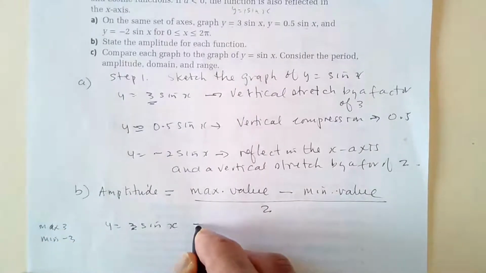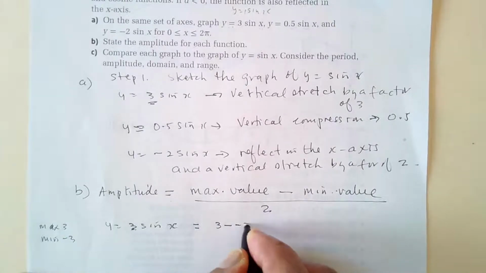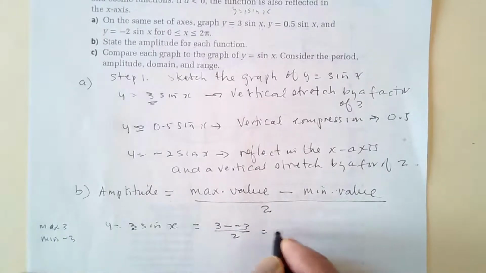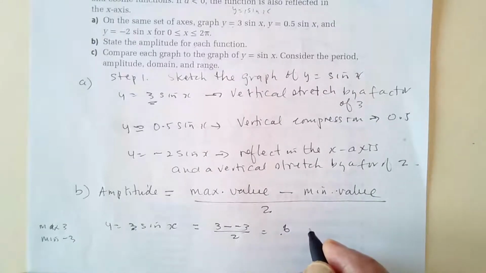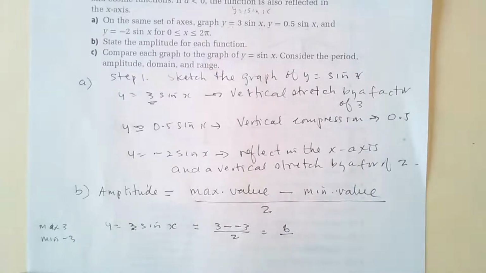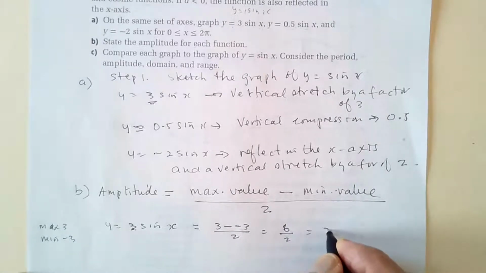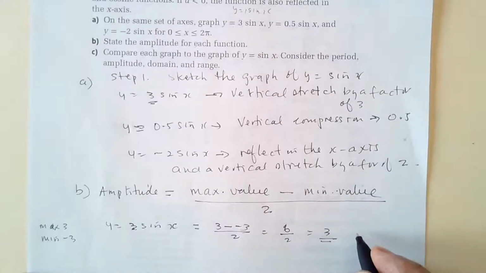So we have 3 minus -3 over 2, which is 6 over 2, which is 3. So the amplitude for the first one is 3.